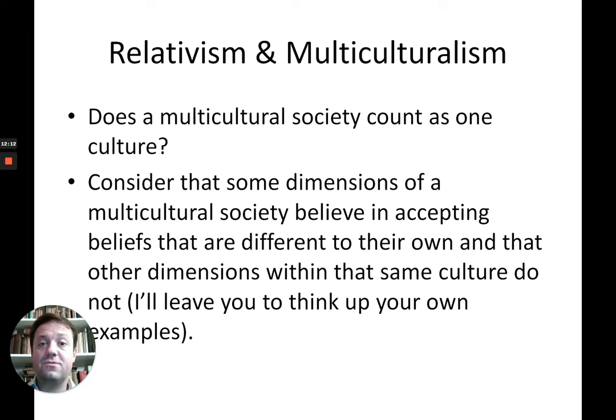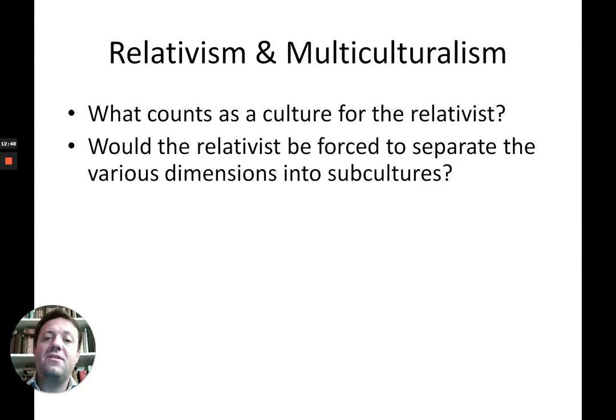Within what is known as a tolerant society, you can pick out those aspects of that multicultural society that are perhaps less keen on accepting the beliefs of others, and some other aspects that are very keen on accepting all of the beliefs, even those that are perhaps intolerant of other beliefs. Would the relativist be forced to separate these various dimensions into subcultures?